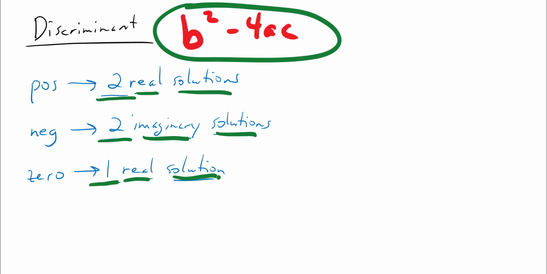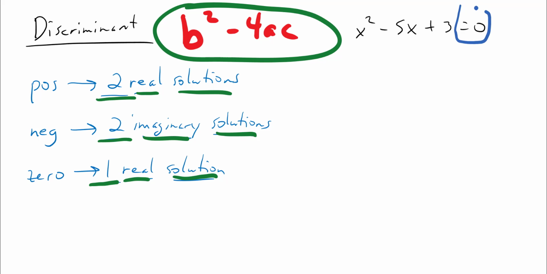Okay, so let's do our first problem here. You don't need to do the whole quadratic formula. You literally just need to do b squared minus 4ac. So let's do x squared minus 5x plus 3 equals 0. Just like the quadratic formula, it's got to equal 0.